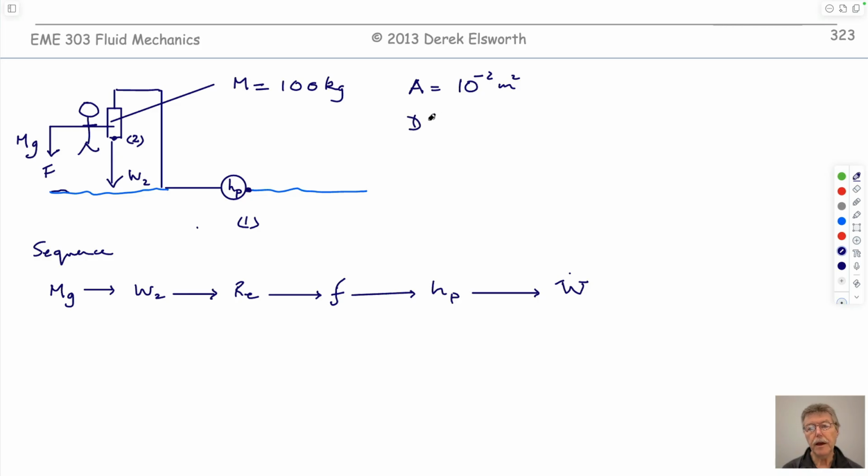We're going to have a square pipe. So this is A, and this is diameter, just because it's easy. So A is equal to pi d squared upon 4. This in my simple mind is equal to 1.